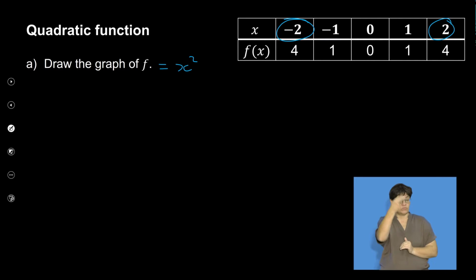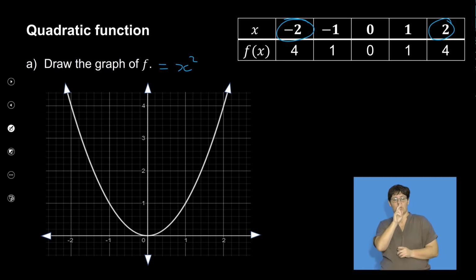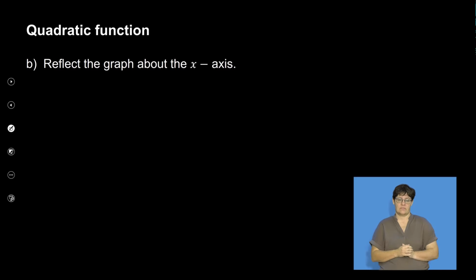After drawing the graph, it will look like a happy face, because the value of a is equal to 1, and that's positive, so it must be concave up. And because it is x squared, all the output values will definitely be positive. We then need to reflect this about the x-axis.